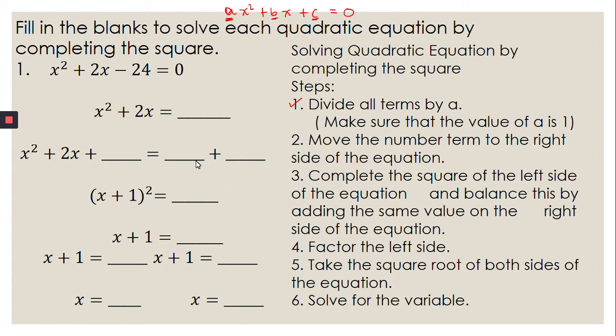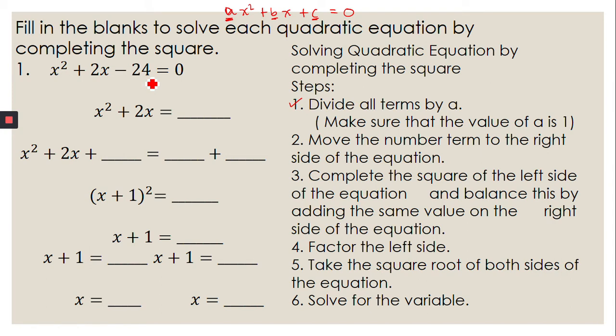So what is the number term here? The number term here is negative 24. When I say number term, I mean your constant term, that is a term without the variable. Now what we will do for step number 2 is to move the number term to the right side of the equation.